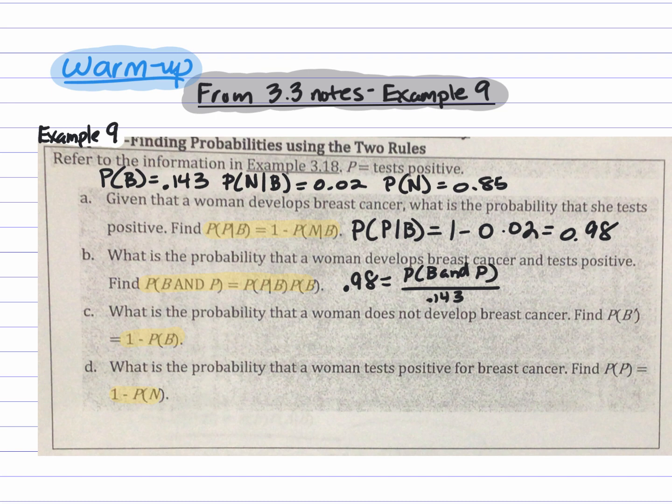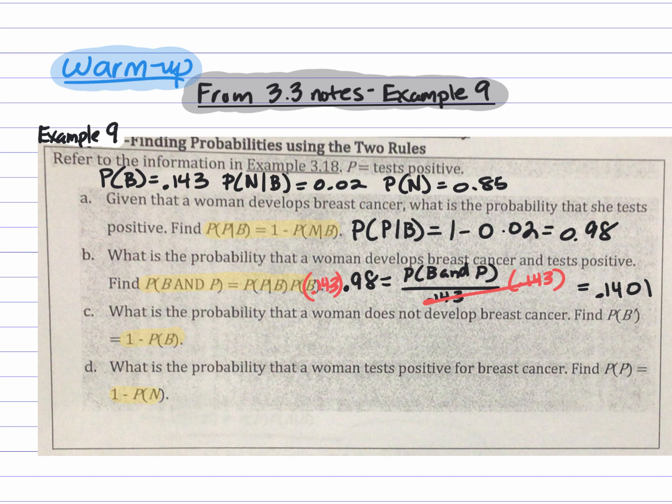In our lesson from 3.3, we used the multiplication rule here to solve. All I have to do is multiply both sides by the probability of event B, and I get 0.1401.